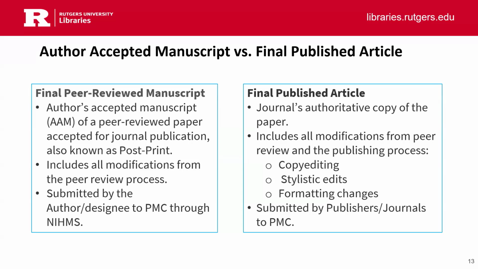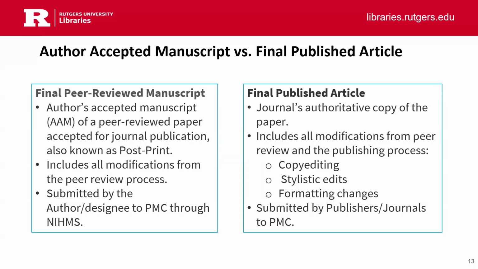So when we use these terms, we are pretty much referring to the same thing. The author accepted manuscript or the peer-reviewed paper for journal publication usually includes all the modifications from the peer review process. So that is the postprint.